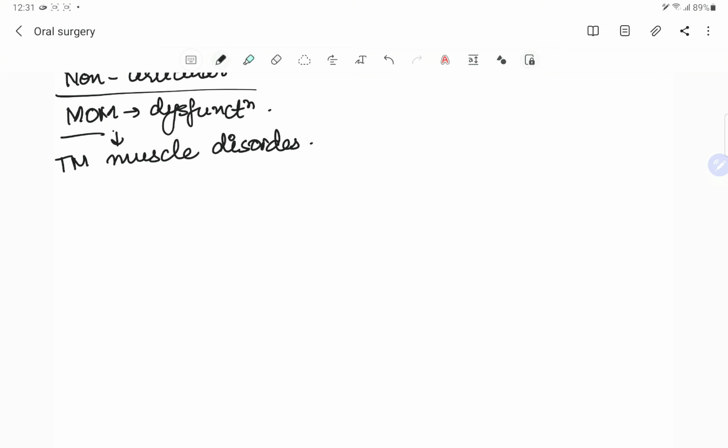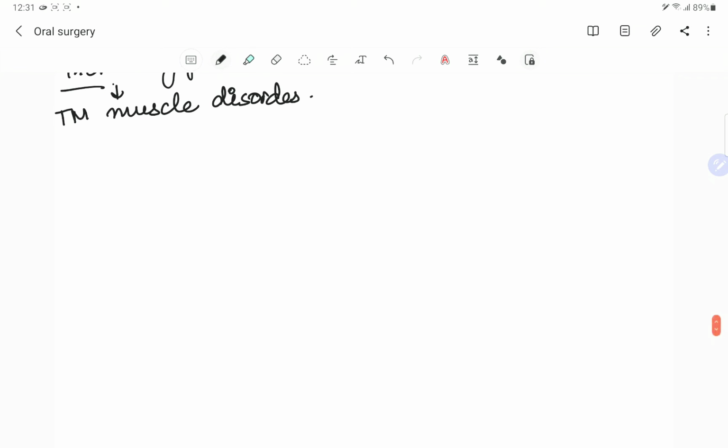And if there is overuse of muscles of mastication, suppose the person has a habit of bruxism, that means the clenching of the teeth. You have seen some people clench their teeth, right, in stress or during the night times.